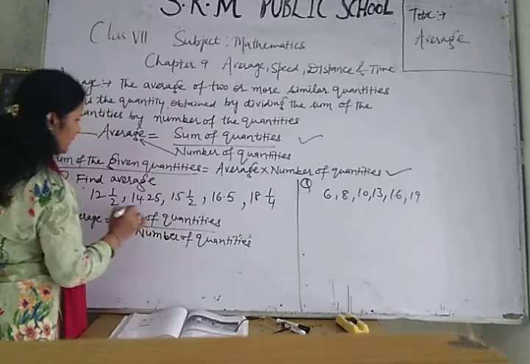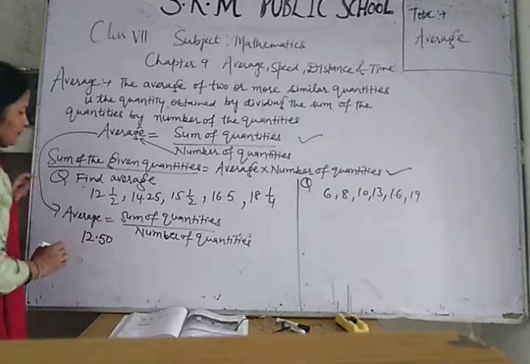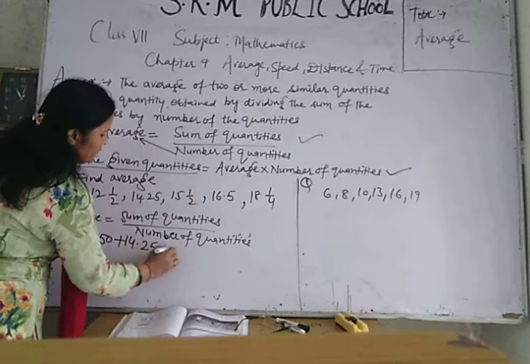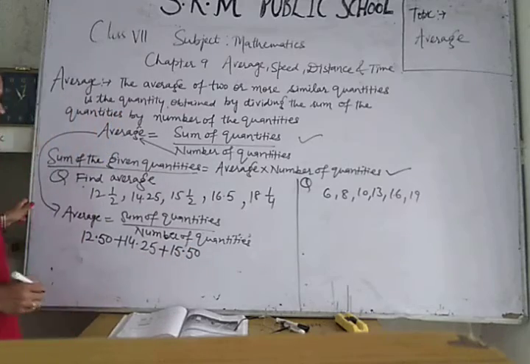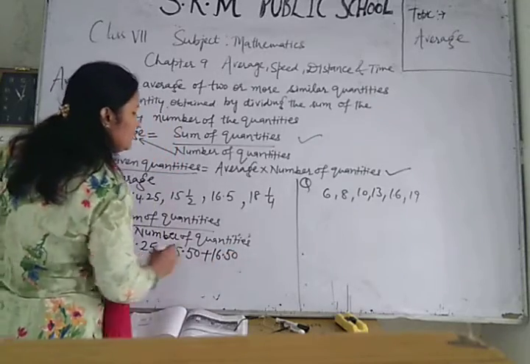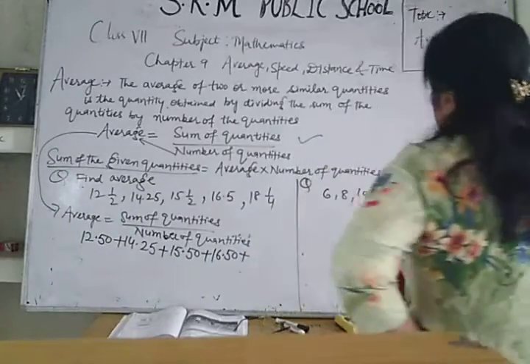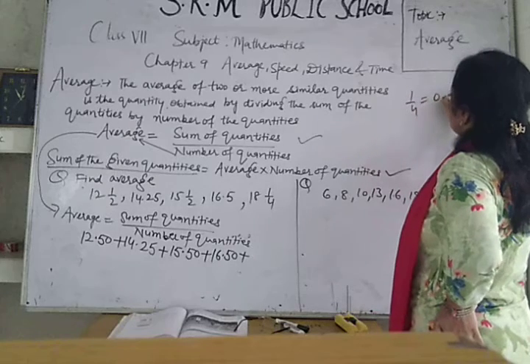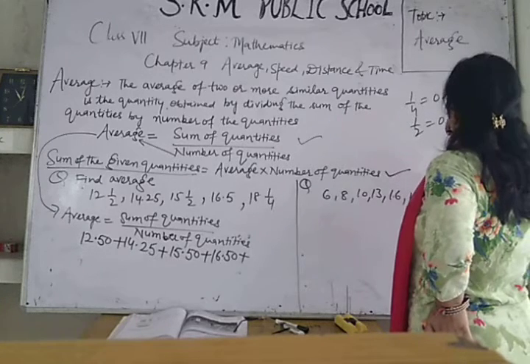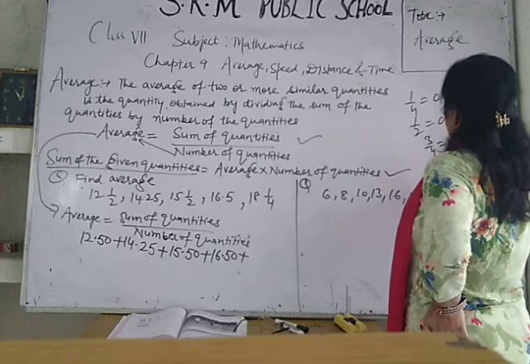The sum of the quantities is 12 and half, which you can write as 12.50, plus 14.25, plus 15 and half, which means 15.50, plus 16.5, which you can write as 16.50 to complete the equivalent decimal. 1/4 is equal to 0.25, half is equal to 0.50, and 3/4 is equal to 0.75.